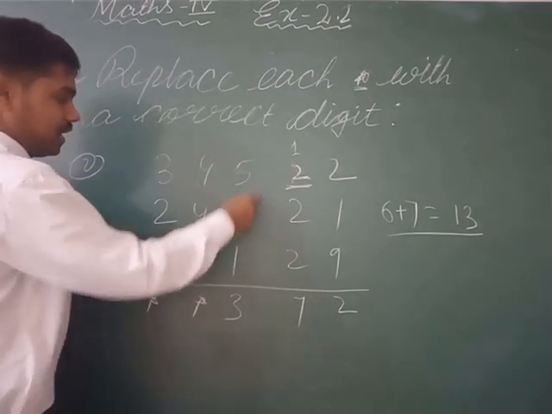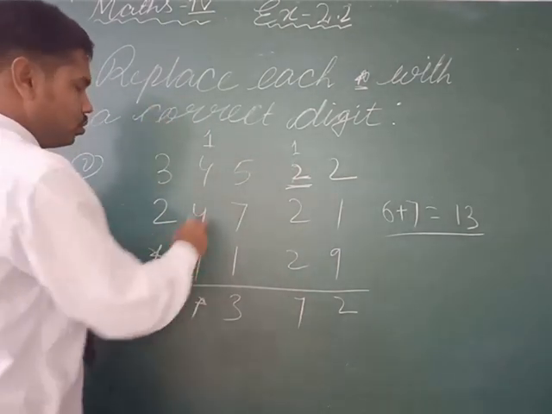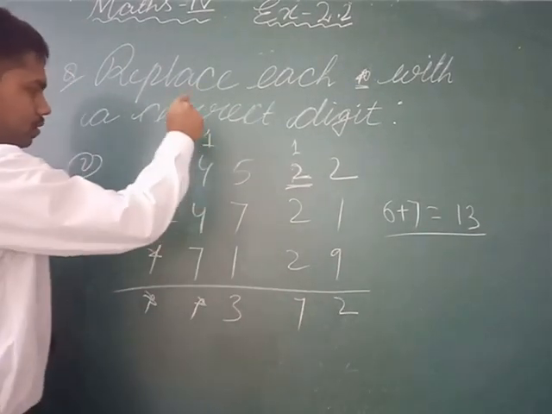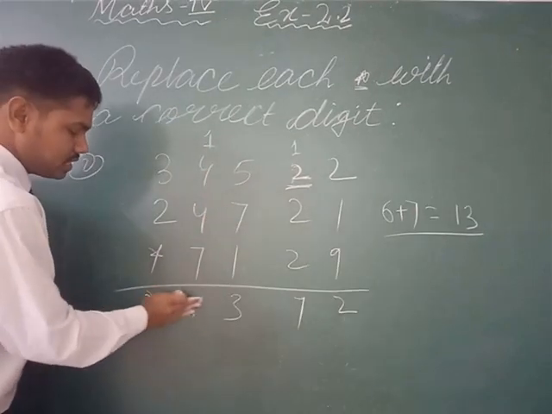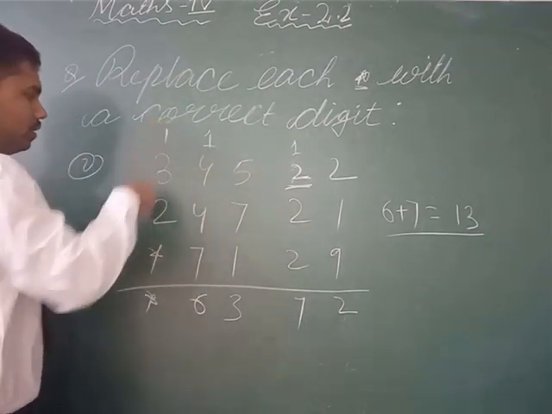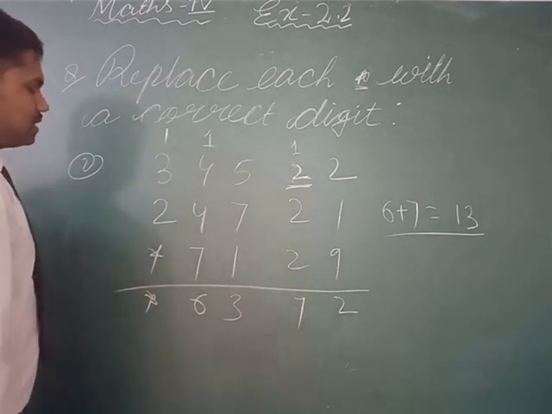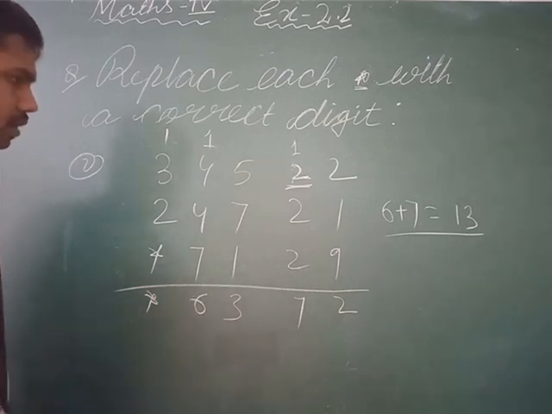So 7 plus 1 is 8, 8 plus 5 is 13, 3, 1 carry. 1 carry. So 8, 9, 16. Okay. 5, 8, 9, 16. So 16, 6 will be here, 1 will be carried. So 3, 4, 5, 6, 6 plus, here no number is given, so you can write any number.